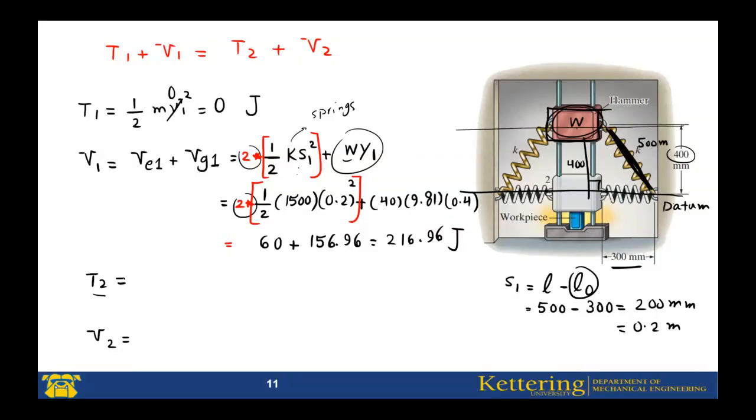Then, at state 2, the kinetic energy is 1 over 2 m V max squared, or 1 over 2 m 40 V max, or maximum velocity at state 2. Sorry, what's called V2. I was just confused with the previous one.